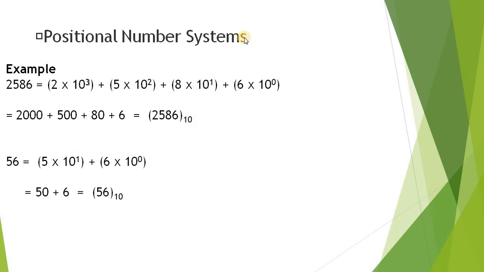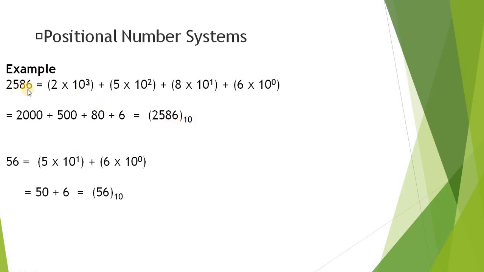And this power always starts with the 0th value from the rightmost digit: 10 raised to 0, 10 raised to 1, 10 raised to 2, 10 raised to 3, and so on. If you observe this, every digit has got its value or position. Usually when we are dealing with numbers in day-to-day life, we don't write the base.